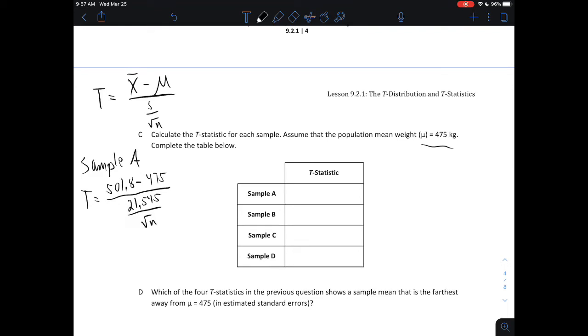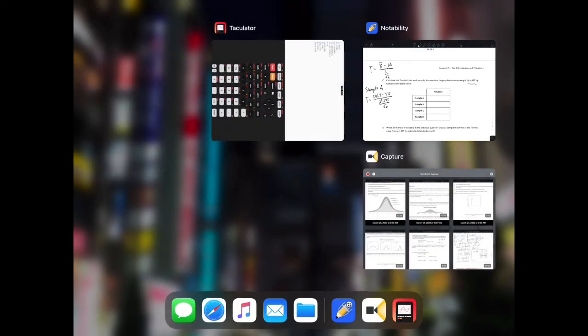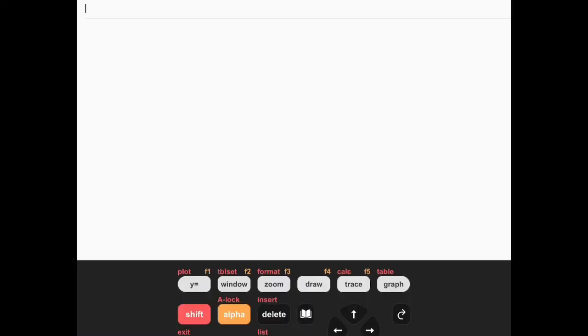I recommend trying to do this in a couple of steps, but you can use your graphing calculator to calculate this all at once. You just need to use some parentheses to do that. So for the numerator, parentheses 501.8 minus 475, and then divided by, in the denominator, I need another set of parentheses, so parentheses 21.545 divided by the square root of 5.